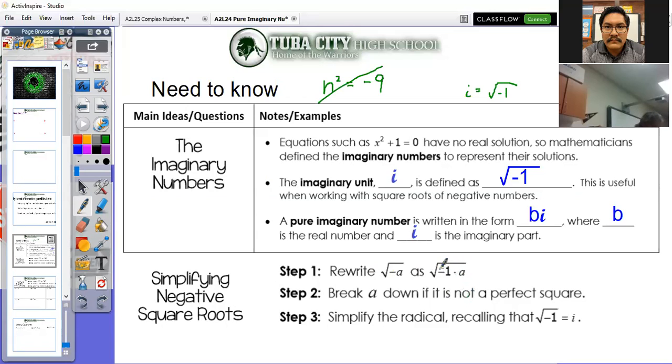By separating them, we try to get a into a perfect square. We're trying to get perfect squares so that we can take the square root of those numbers, and they can become numbers on the outside of the radical. And lastly, we simplify the radical, remembering that the square root of -1 is equal to i. So again, i equals the square root of -1.